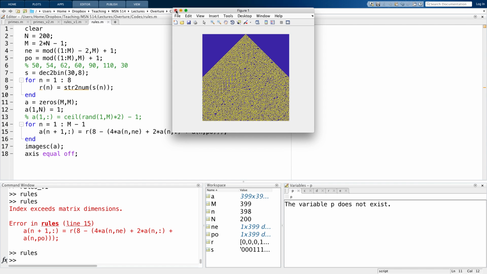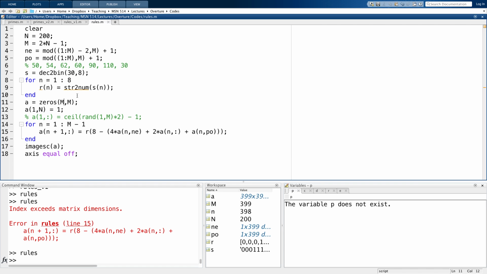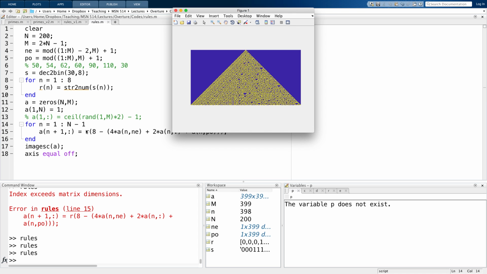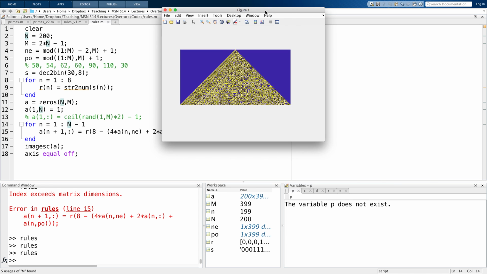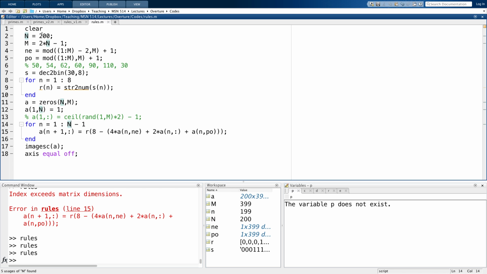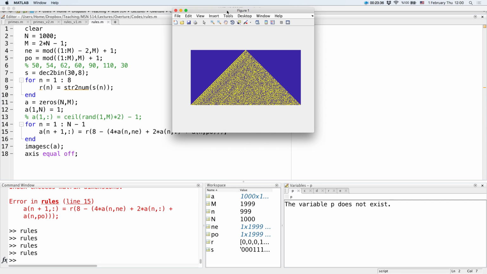Well, I ruined my code before coming, so I have to heal it. There you go, healed. So rule 30 is this one, and we can make it even bigger, like 1000 steps.